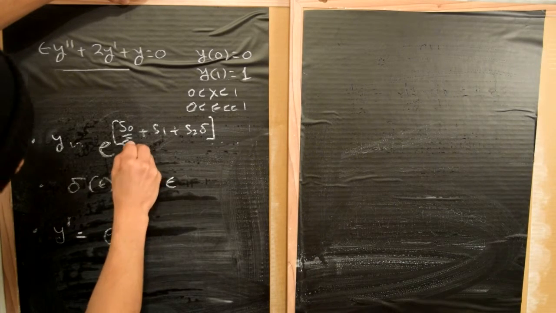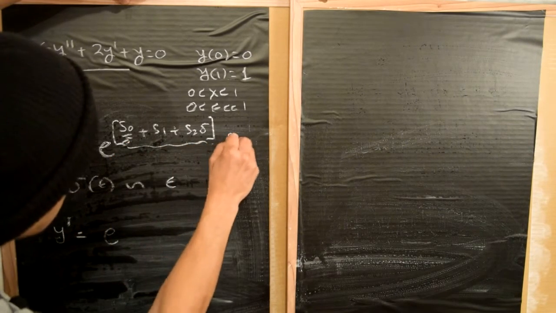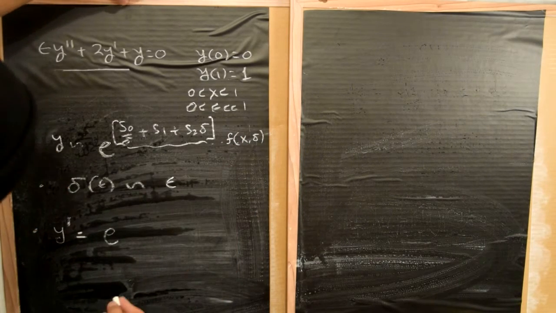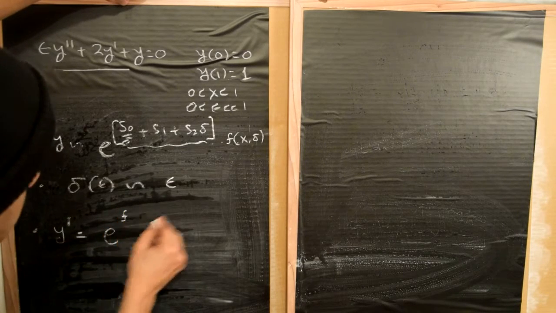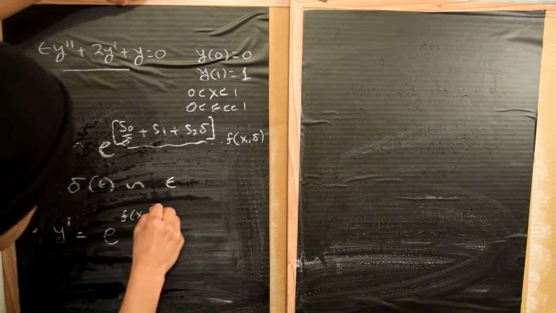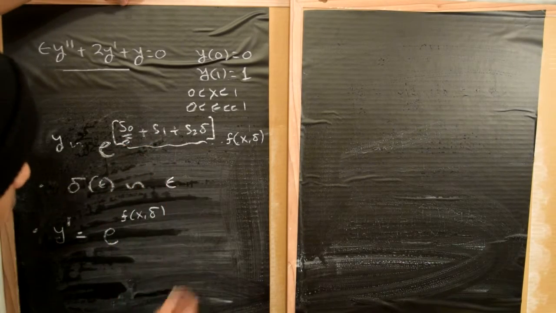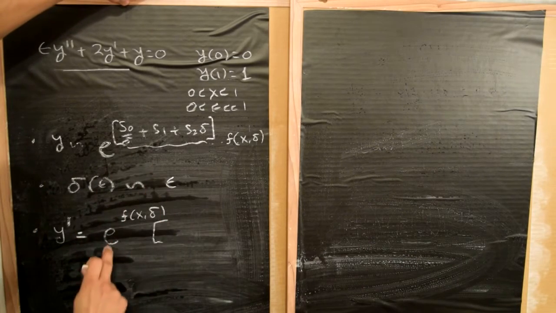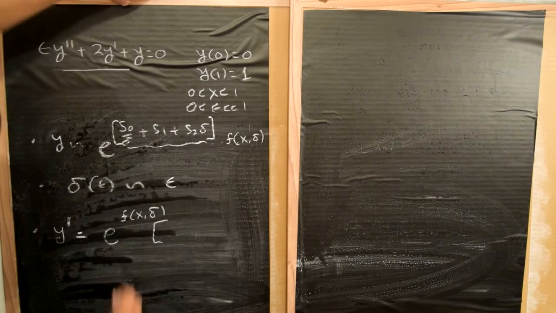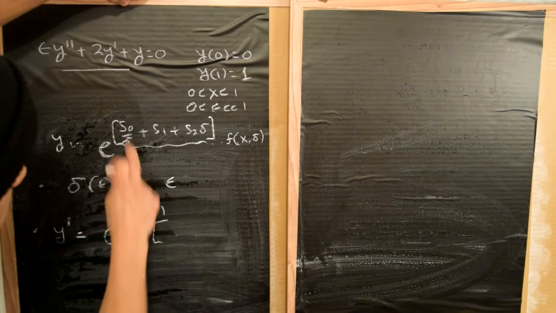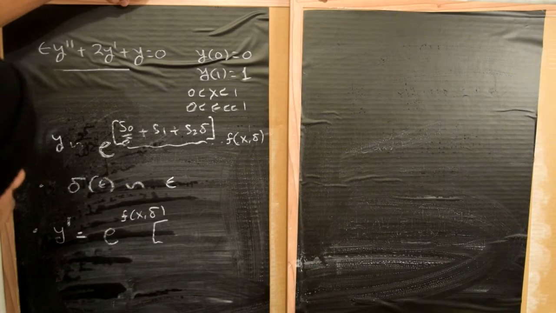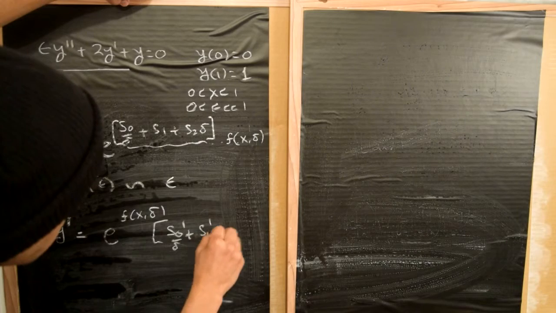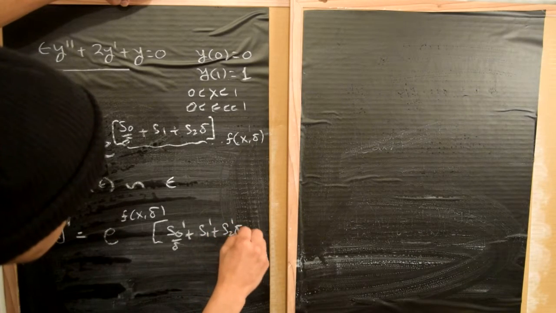Just for simplicity, let's write this as some function of x comma delta, which in this case is s naught divided by delta plus s1 plus s2 delta. So we have the exponential of the function times the first derivative of all these functions, so we have s naught prime divided by delta plus s1 prime plus s2 prime delta and so on.